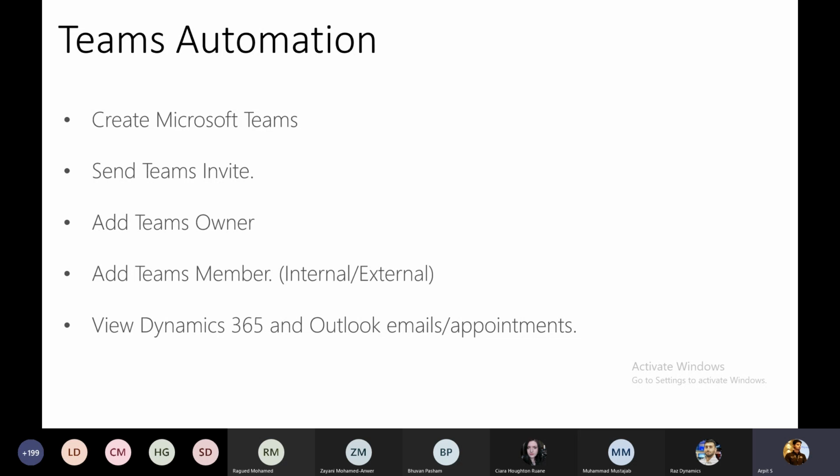So if you need a common view where you can see your personal emails and appointments along with your business emails and appointments, you can use Power Automate as well. You can create a Canvas app where you pull all the emails from Outlook. So these kinds of automation you can also do with Power Automate.